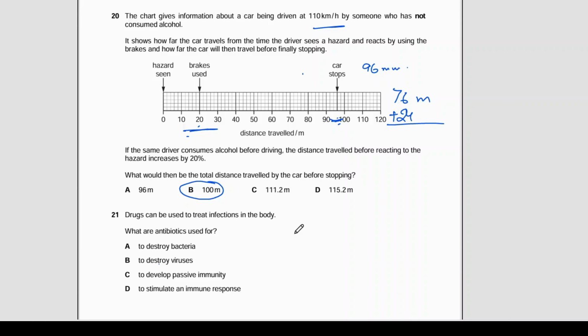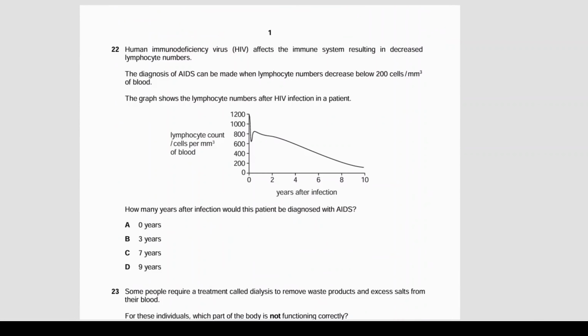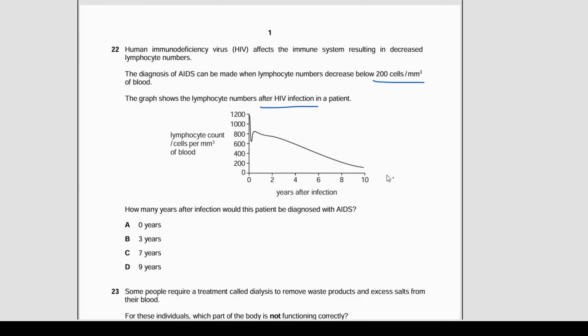Drugs can be used to treat infection in the body. What are antibiotics for? To destroy bacteria. Correct. Next one is human immunodeficiency virus affect the immune system, resulting in decreased lymphocytes. Okay. They decrease below this, and the graph is shown after HIV infection in the patient.